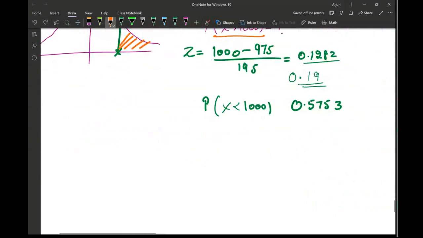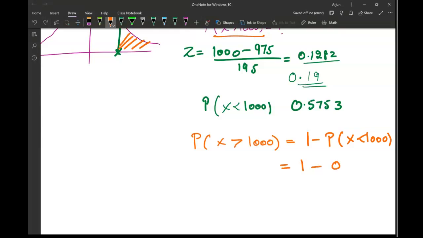So the probability of x greater than 1,000 will be equal to 1 minus the probability of x less than 1,000, and that will be 1 minus 0.5753. Now I'll do the math. 1 minus 0.5753 comes out to be 0.4247. So that will be your answer.